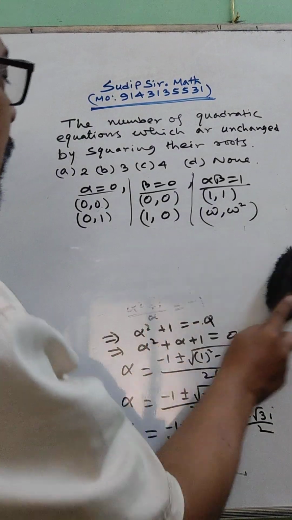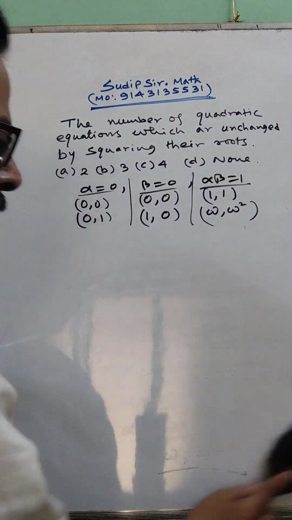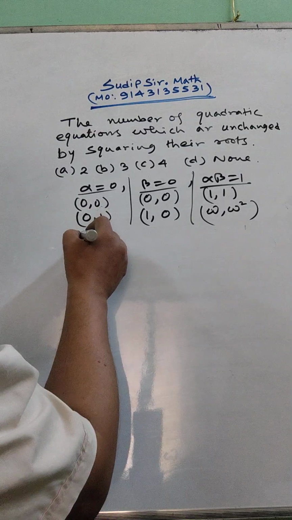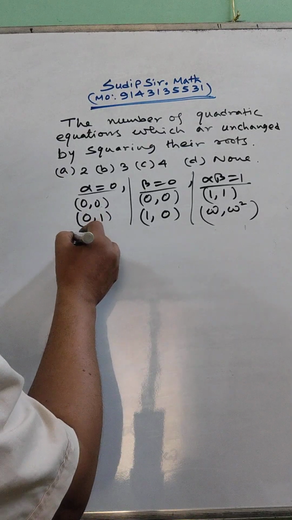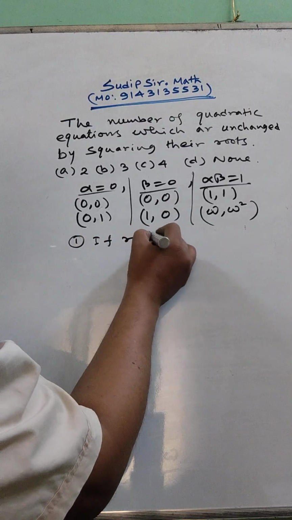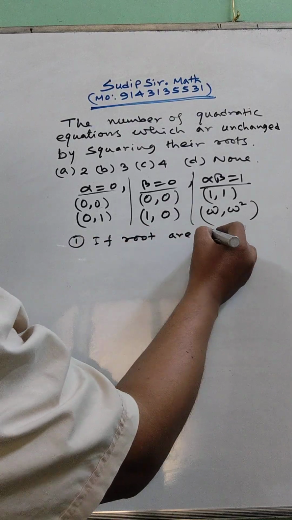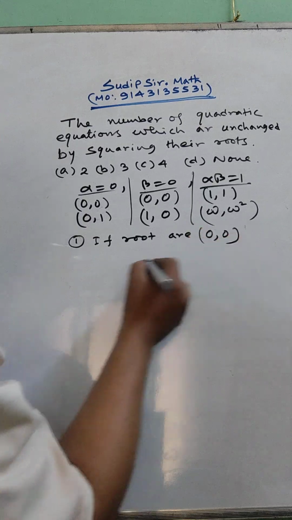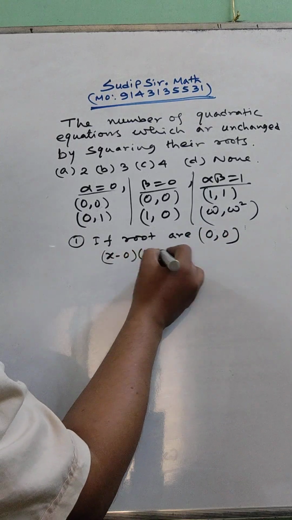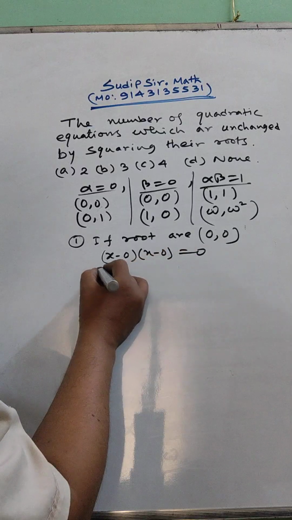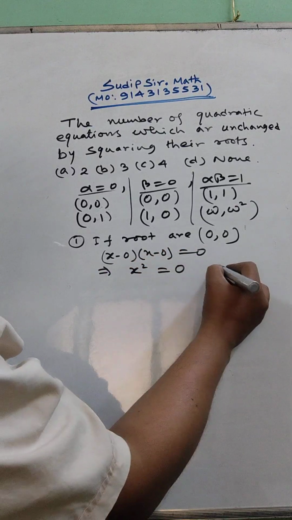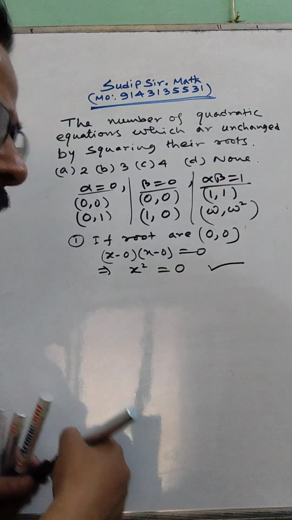Now from these, number 1, if roots are 0 comma 0, we can get the quadratic equation x minus 0 into x minus 0 equal to 0, that is x square equal to 0. This is number 1. Okay.